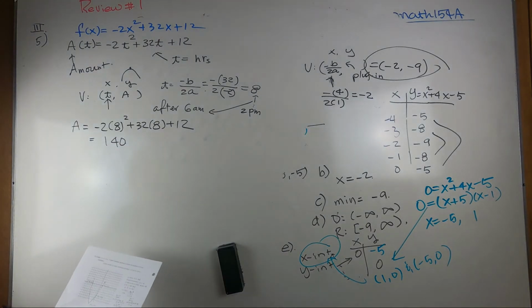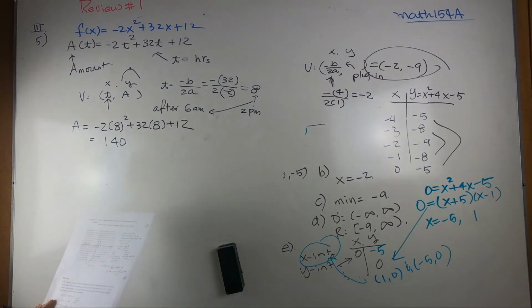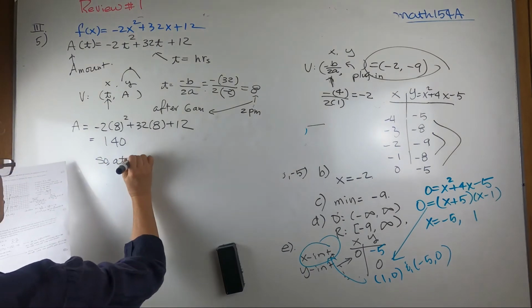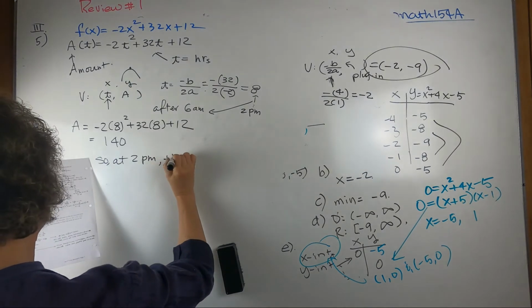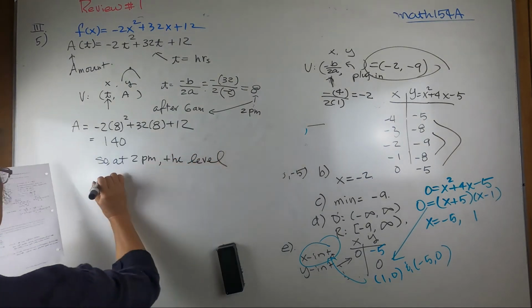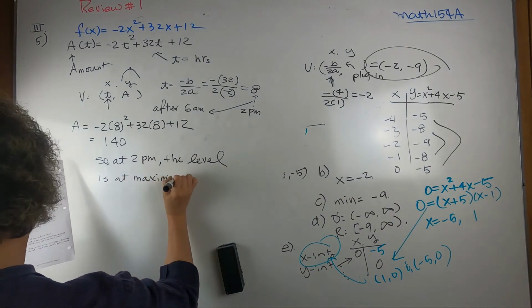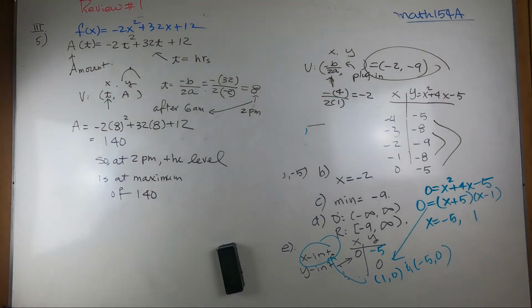So what does this tell you? The question tells you to use the formula to find the time at which the nitrogen dioxide level was at its maximum, right? So it's telling me that at 2 p.m. the level is at maximum of what? 140. 140 of what?